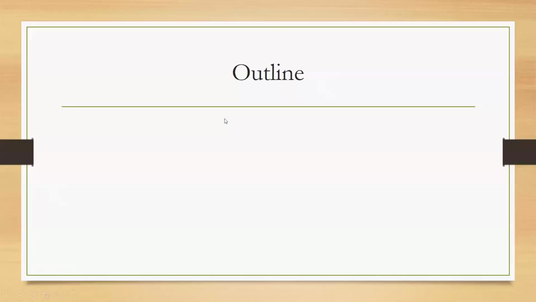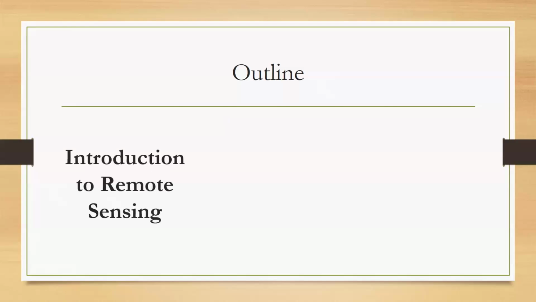In the course of this presentation, I will be talking about 3 main aspects. I'll be looking at an introduction to remote sensing. Then I will talk a bit about satellites, and then go deeper into GNSS, which we're going to talk about in the next session.